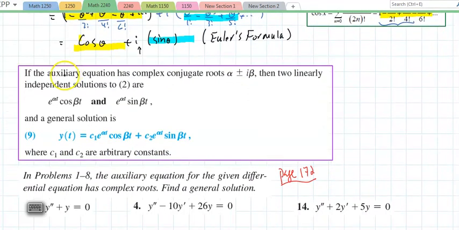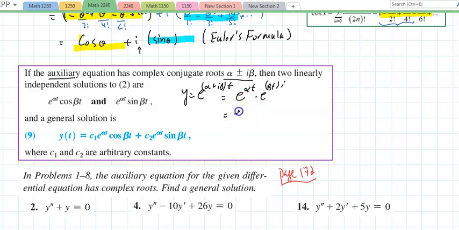If the auxiliary equation or the characteristic equation has a complex root, if r equals alpha plus i beta, then I'm going to get y to equal e to the alpha plus or minus, we'll take one of them, times t. That's going to be e to the alpha t times e to the beta t times i.